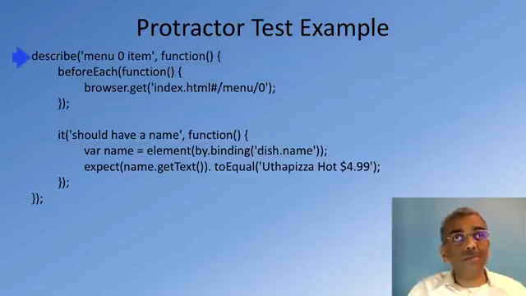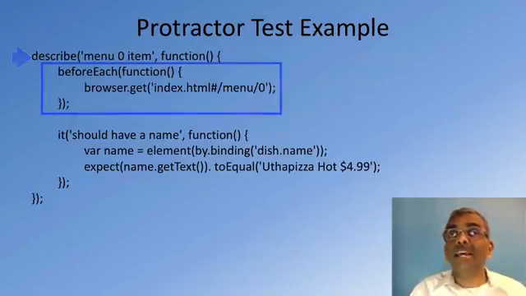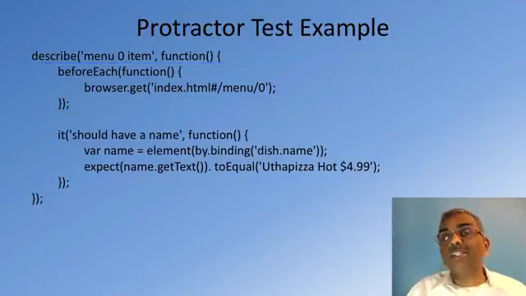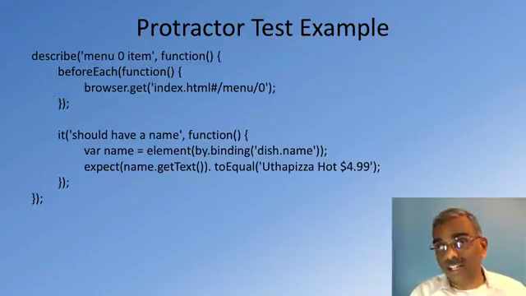So here I'm specifying describe menu 0 item function, and inside there I'm specifying beforeEach. Again, you know what beforeEach does. Before each test, carry out this set of steps here. So I'm saying beforeEach function browser get, I'm specifying which URL to access.